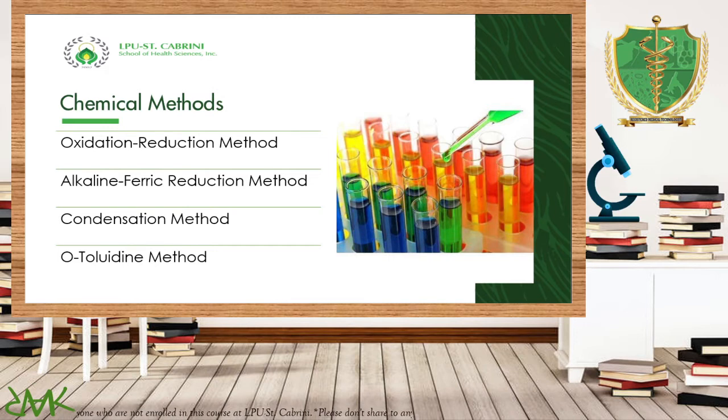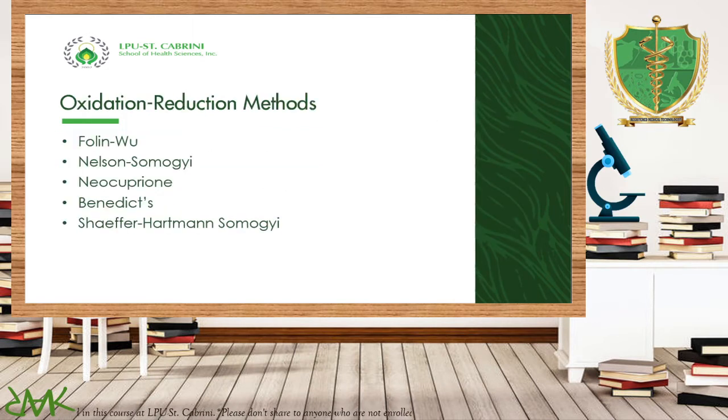We are going to differentiate these four chemical methods, and to start with, we'll discuss first the oxidation reduction method. From the word itself, there is a substance being reduced and a substance being oxidized because of the presence of an oxidizing agent and a reducing agent.